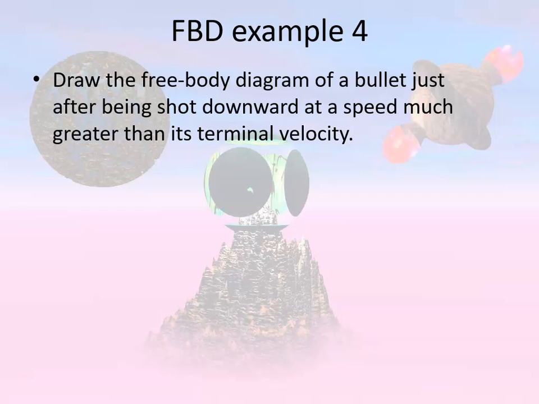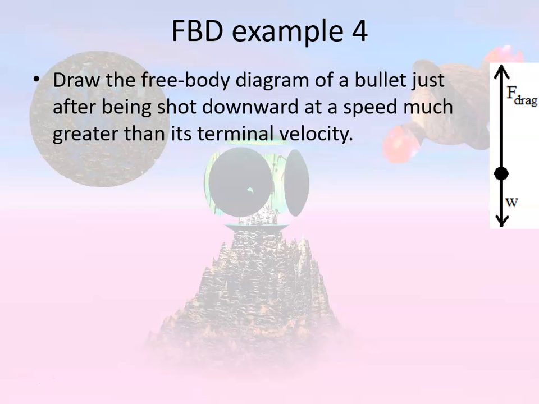How about a diagram of a bullet just after being shot downward at a speed much larger than its terminal velocity? Well, in that case, you're going to have a much larger drag force, because if it's going faster than terminal velocity, that means that it's going faster than the speed at which the drag force equals the weight.